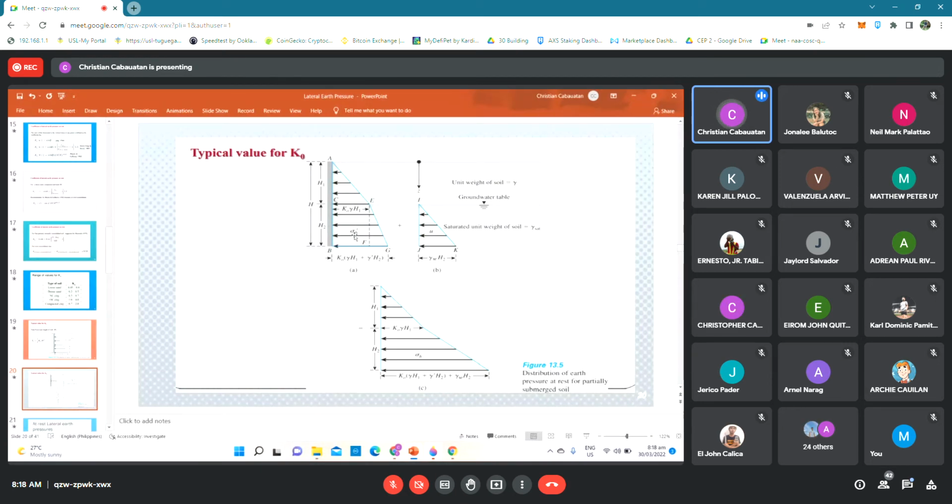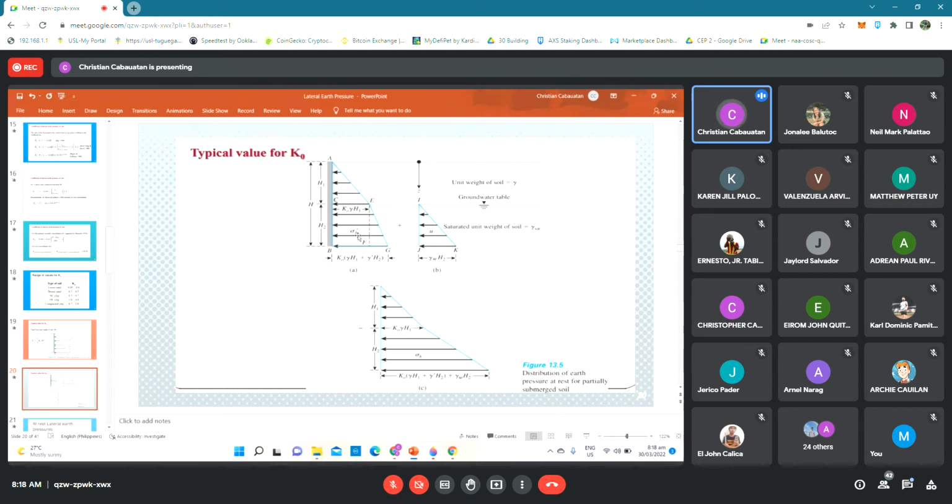And then the second part for the second layer is the effect of your saturated soil, therefore there is another K0 gamma H. But if you have the same value for internal friction, it is only one K0. If you have different values for internal friction, there are two different K0.